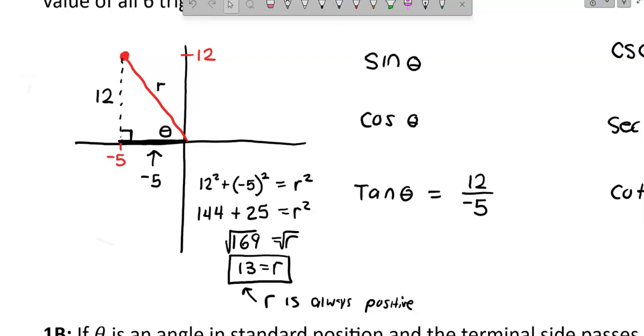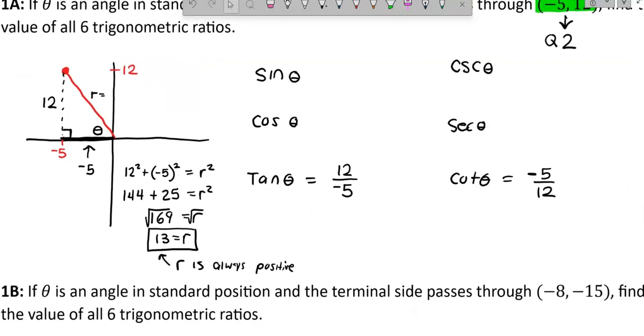But now that we know what the r value is, we can figure out sine, cosine, cosecant, and secant. Sine is opposite over hypotenuse, or now we can call it y over r, 12 over 13. Notice that's positive, by the way. Cosine is adjacent over hypotenuse, or x over r, so -5 over 13. And of course, cosecant and secant are just reciprocals, so we flip our two answers: 13 over 12 and 13 over -5.